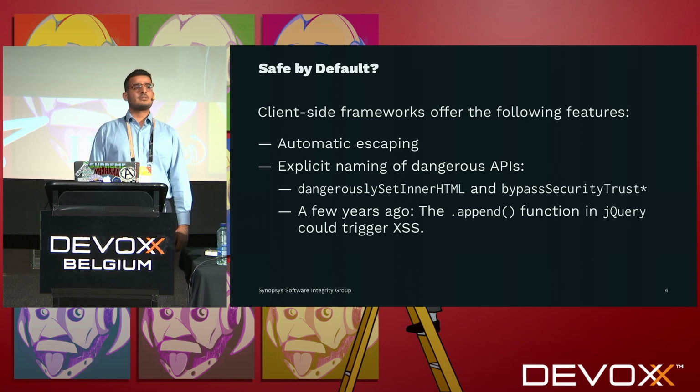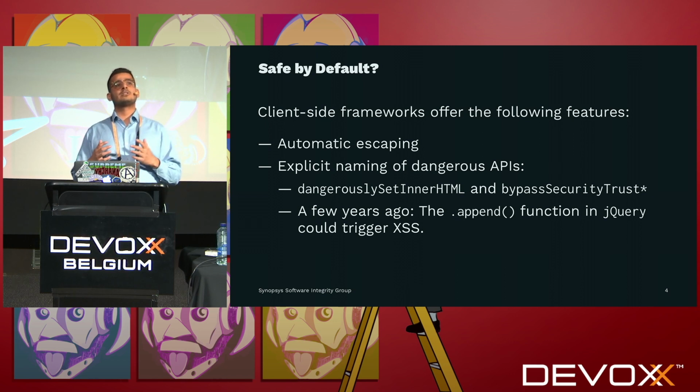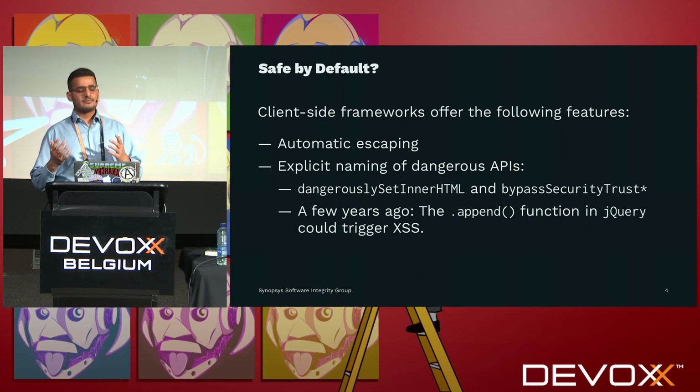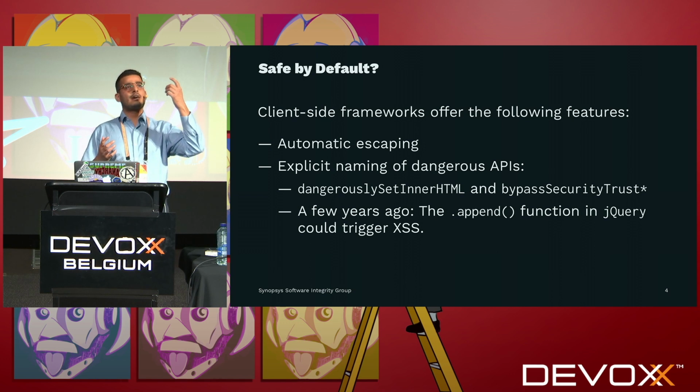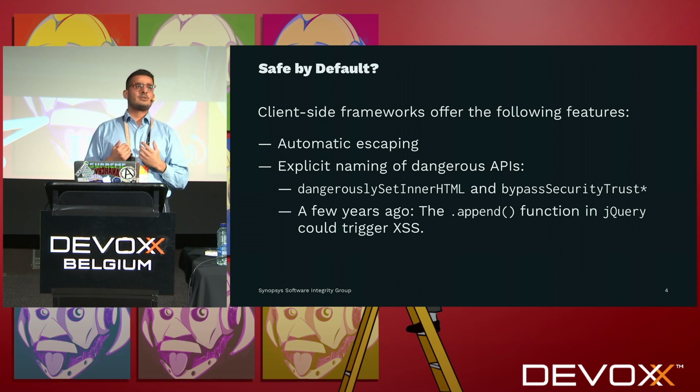And if you compare this to applications a few years ago, when you were using things like jQuery, if you were creating a DOM node and taking user-supplied input, let's say you wanted to append something to the DOM, that API was actually dangerous because it wasn't doing any sort of sanitization or output encoding.